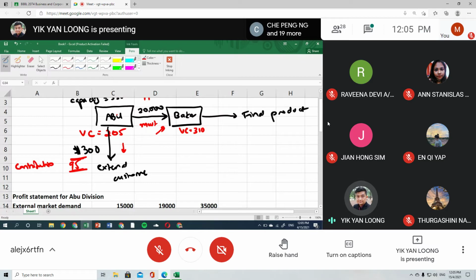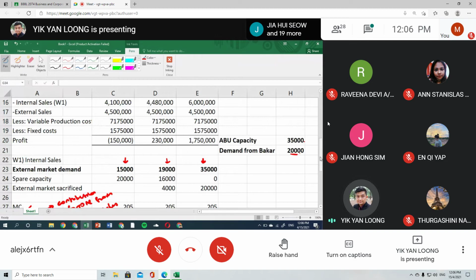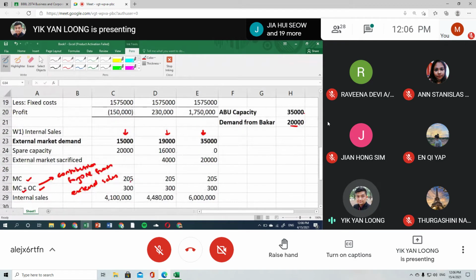So if Abu needs to transfer internally to Bakar, he will have to sacrifice 95 ringgit of contribution, which is your opportunity cost, right? So 205 plus 95, that's how you get 300. Okay, so the 20,000 will be subjected to those produced in spare capacity. The transfer price will be at the marginal cost of 205.